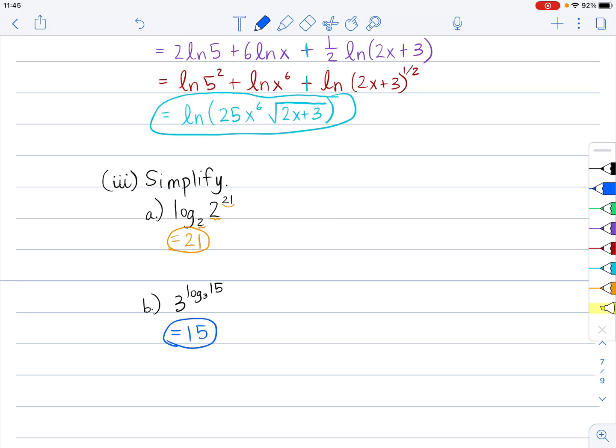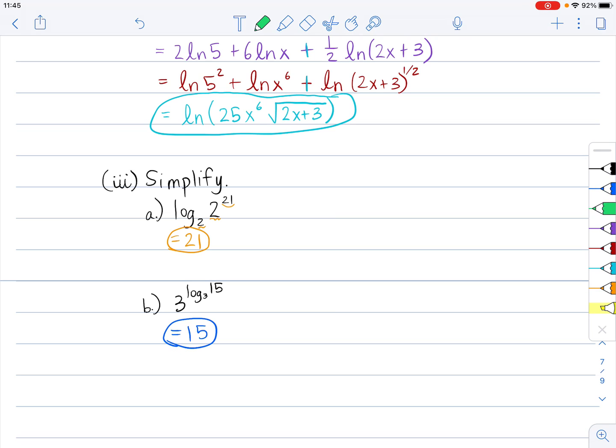Now, I do usually in class give students this problem to try before I give them those last two properties. And how are you supposed to figure out 3 to the log base 3 of 15 is equal to 15 without knowing that property? It is a little tricky, but I am going to explain it to you real quick before we move on to the last little bit of this section.